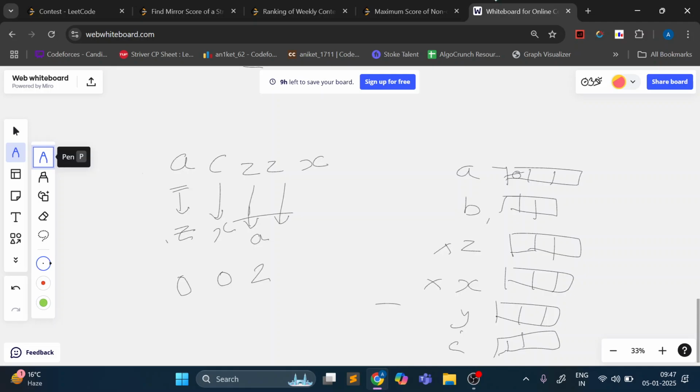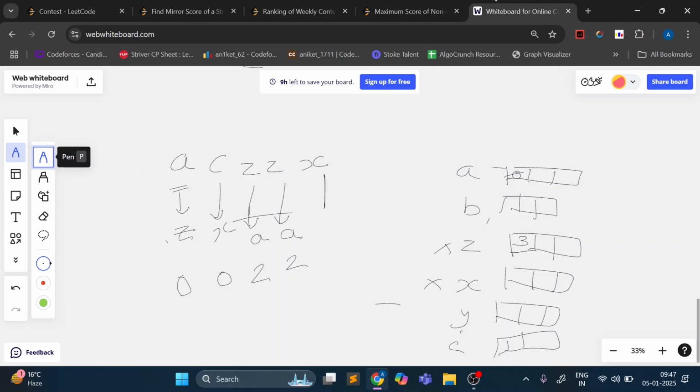Now Z again, its mirror element is A, but the stack is empty because we just popped the one index which was present there. So again score remains the same, but this time we push the index of Z into our stack, so 3.